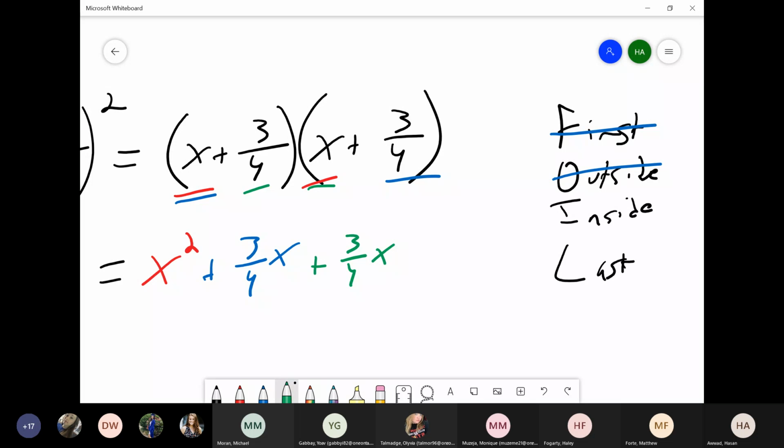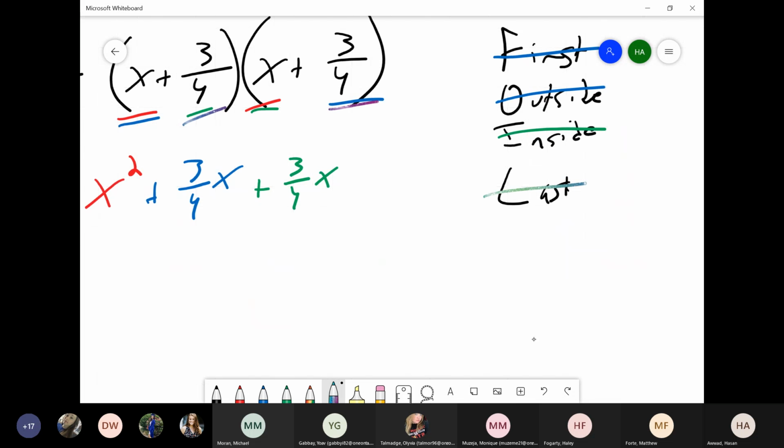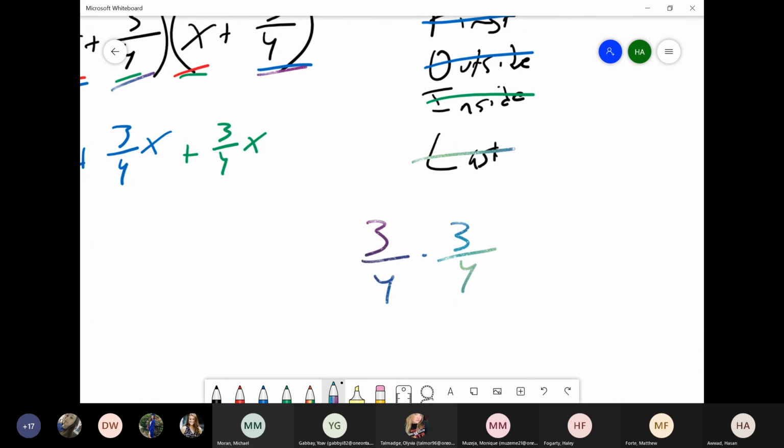And last but not least, we do the last positions, so that's 3/4 times 3/4. When we're multiplying fractions, remember you multiply across, just like we learned before. You multiply the numerators and then multiply the denominators. So 3 times 3 gives us 9 over 16, right?